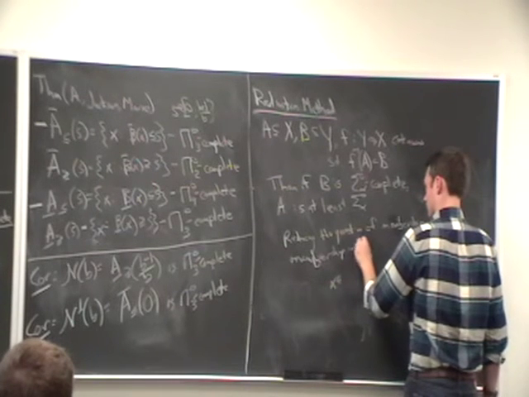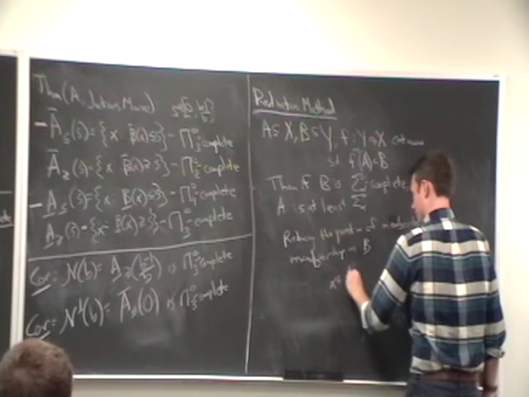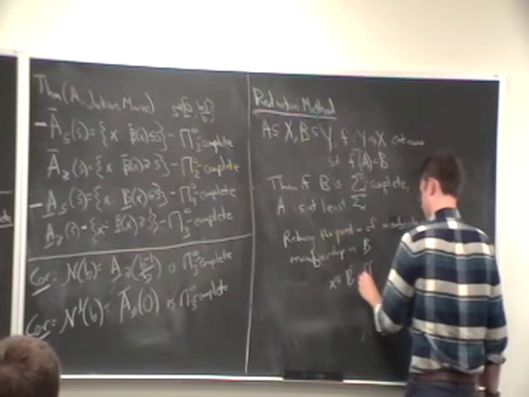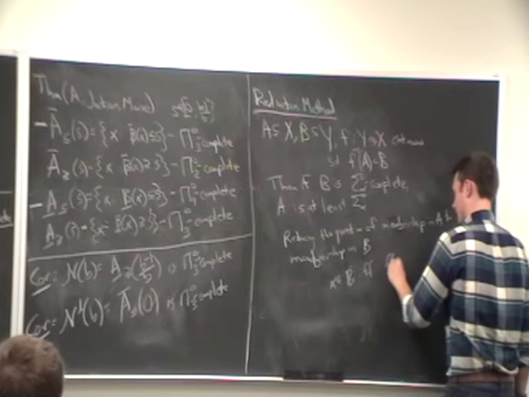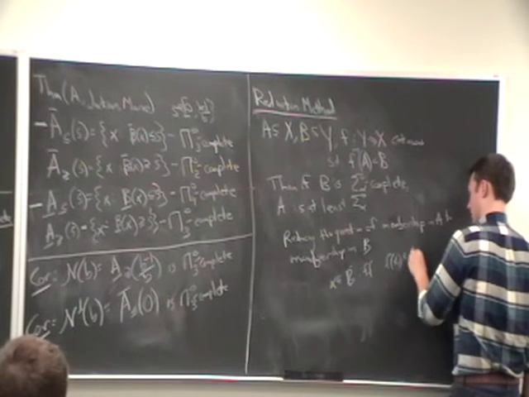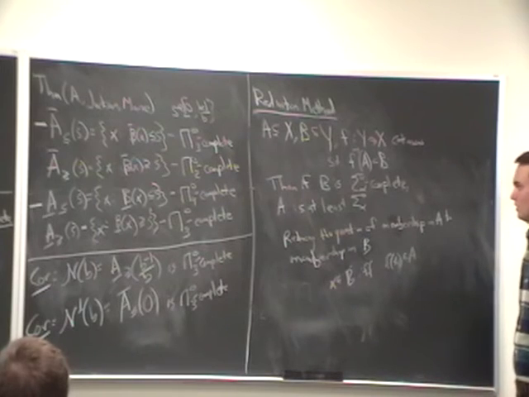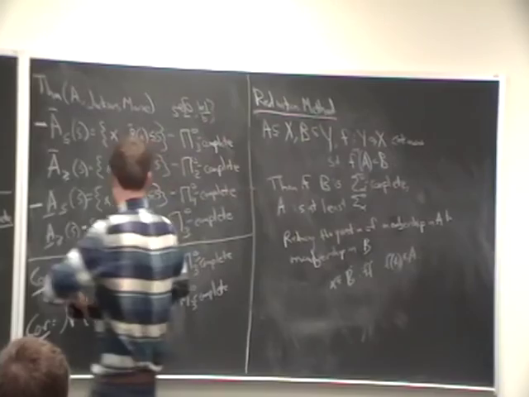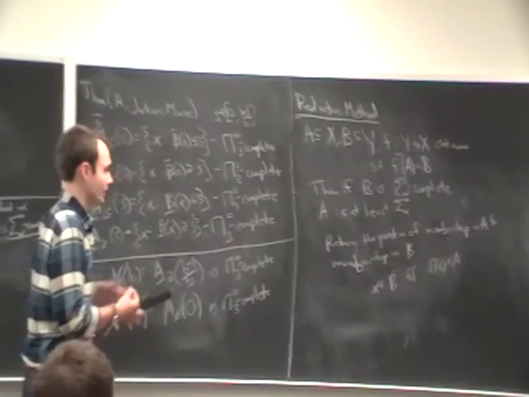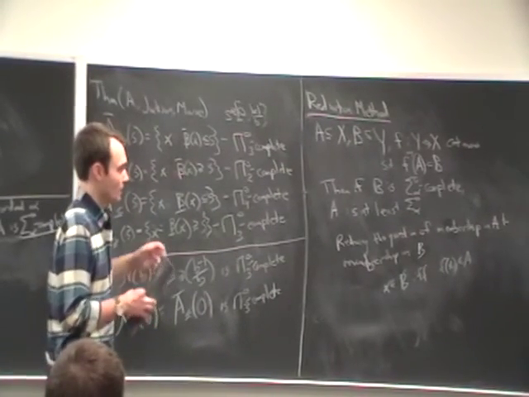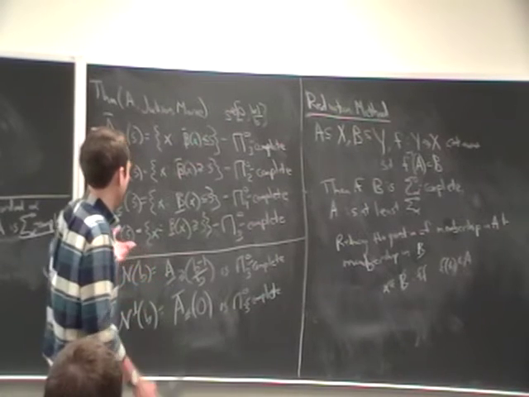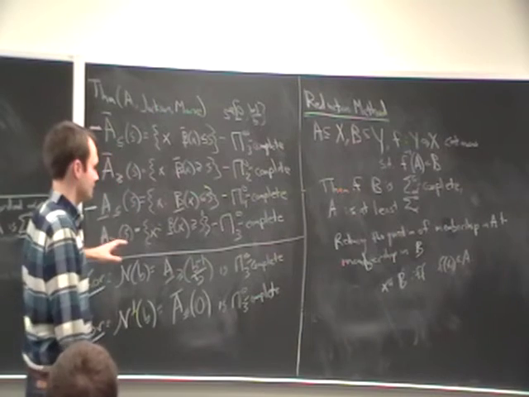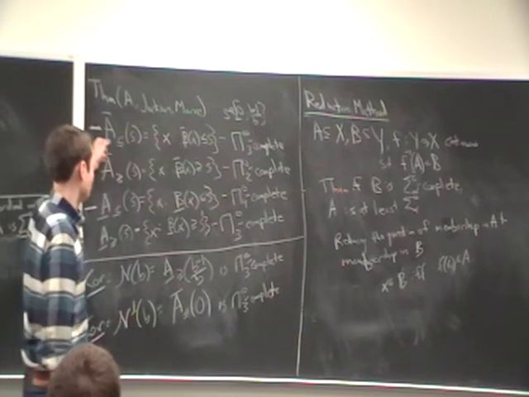Wait, yeah, no, this is right. Because X is in B if and only if f of X is in A. Okay, so now the goal is, if we want to show that this set is Pi 0,3 complete, we take some Pi 0,3 set, we take a continuous mapping that maps that set into this set A, the upper noise less than or equal to S, and maps its complement into the complement of this set.